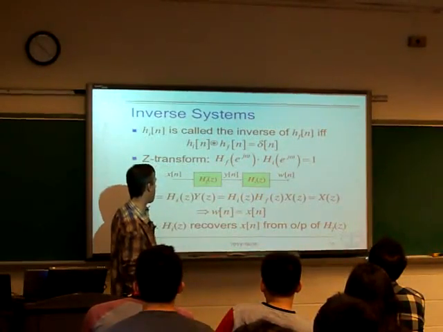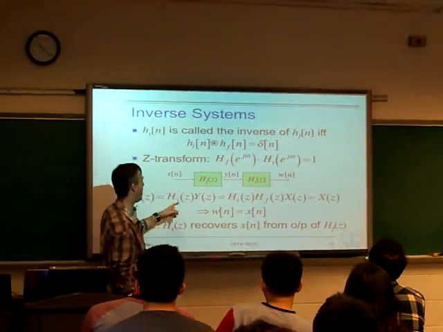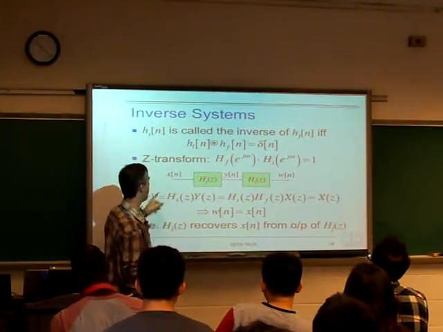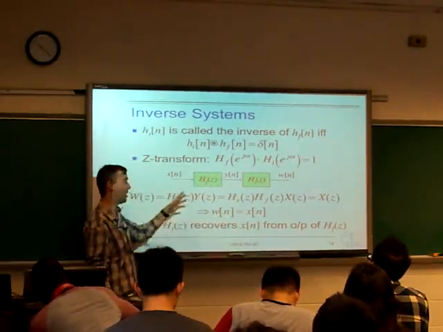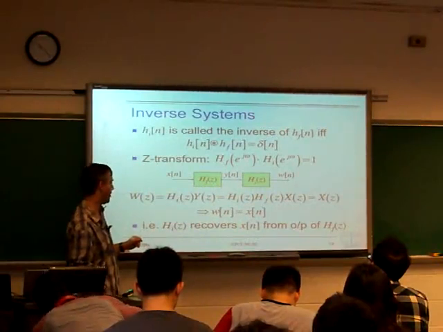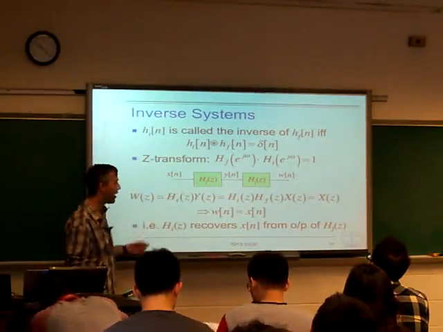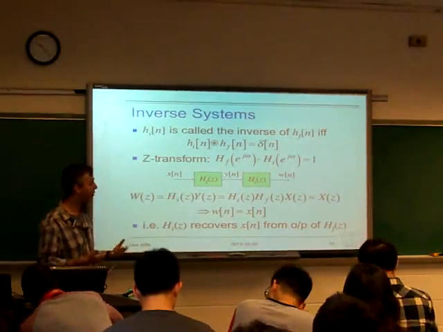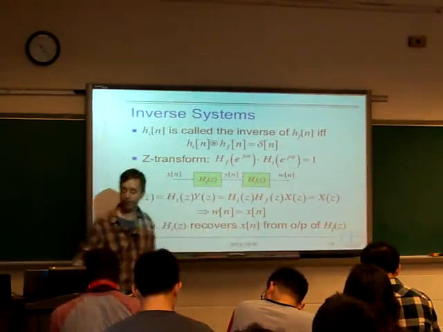So this is just showing that if we do that, the output is going to have to be, in the z domain, X(z), which means that we've got identity coming out. So this is just the idea that we can use this inverse system to recover the input from an output, assuming that we can construct H_i.